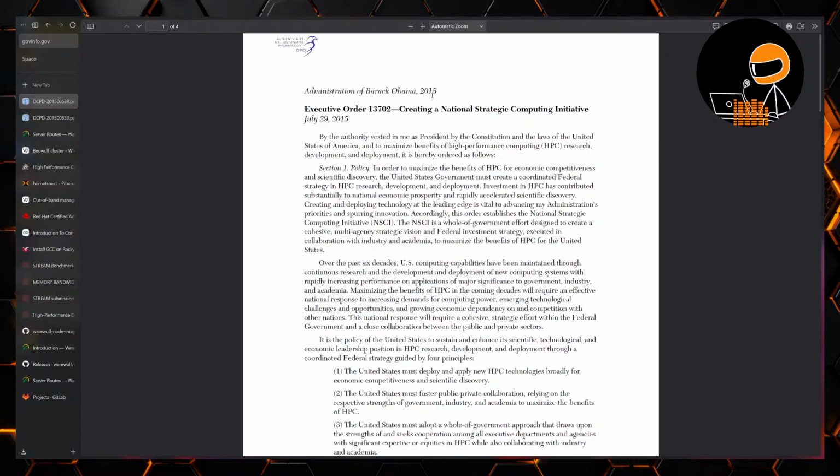Administration of Barack Obama, 2015 Executive Order 13702, creating a National Strategic Computing Initiative. July 29, 2015. By the authority vested in me as President by the Constitution and the laws of the United States of America, and to maximize the benefits of high-performance computing, HPC, research, development, and deployment, it is hereby ordered as follows.